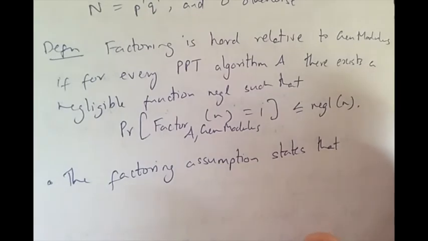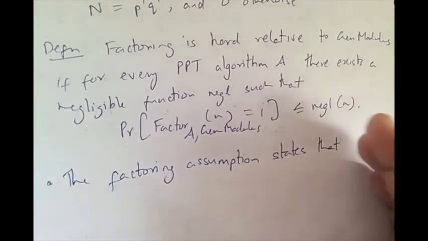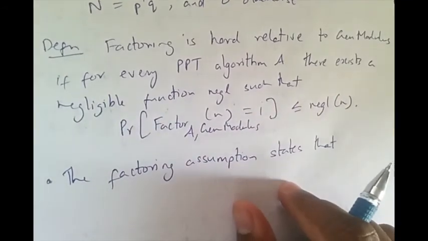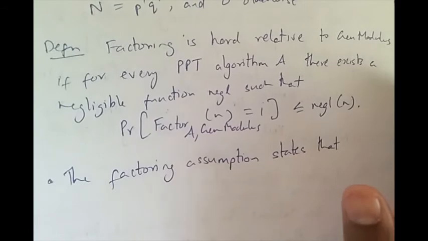But even if gen modulus gives you composites, when p and q are composite, we are saying that a polynomial time adversary will not be able to exploit that weakness of gen modulus.